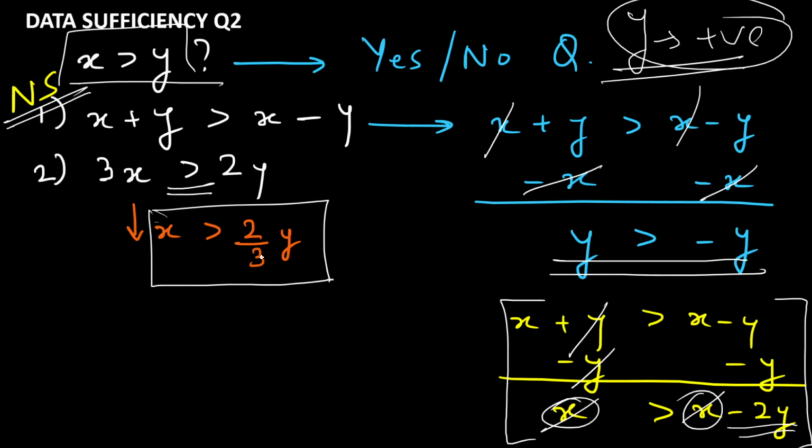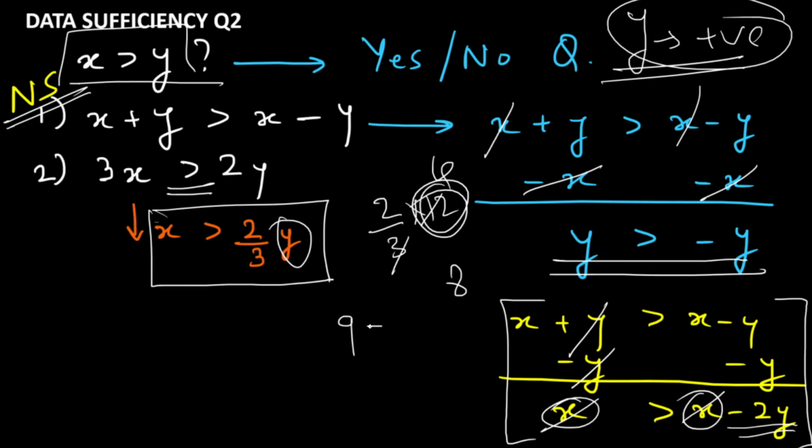Now you can have different types of cases. Let's say y is equal to 12, all right? So 2 by 3 into 12, what would that be? This is just an example, all right? So 2 by 3 into 12 gives you 8. Now x can be greater than 8, right? So y over here is 12, right? Let's say I take the value of x as 9.